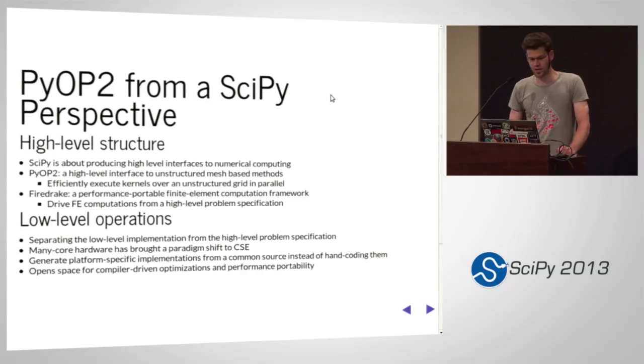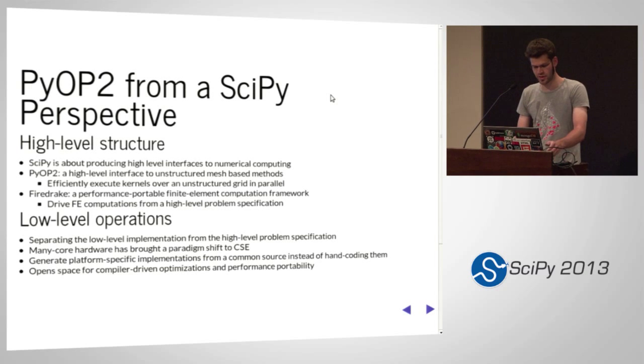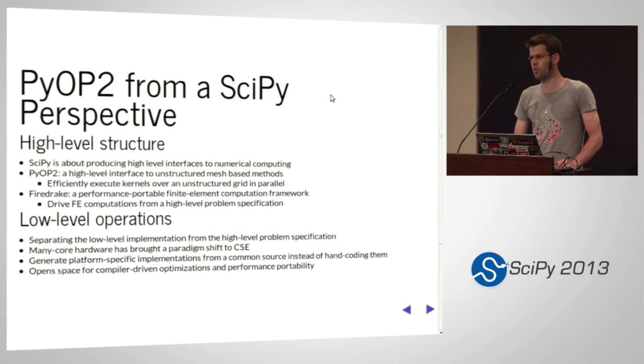So let's look at what PyOP2 looks like from a SciPy perspective. Those of you that are computational scientists, and probably many of you who aren't, will agree that SciPy is a lot about producing high-level interfaces to numerical computing, and PyOP2 is one such interface for unstructured mesh-based computations.